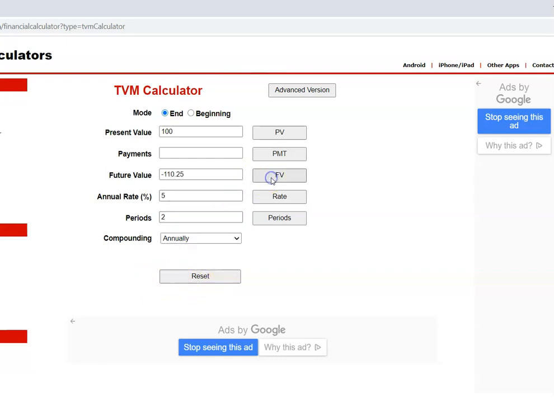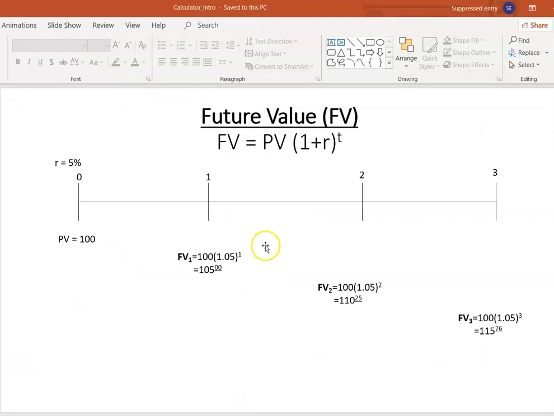Now let's see the future value. Oh, it is $110.25. It is higher than $105. Let's directly change it to 3 periods and see the future value. Now it goes up. It is $115.76.